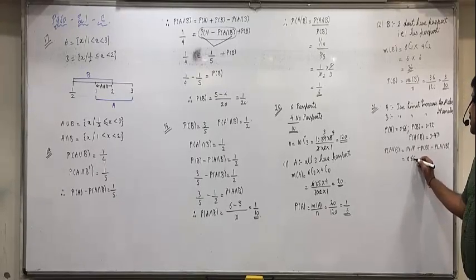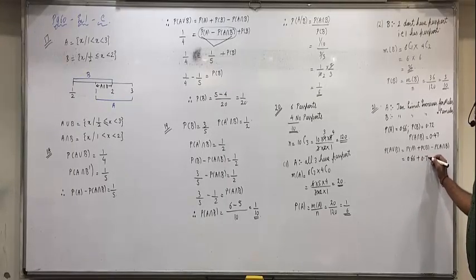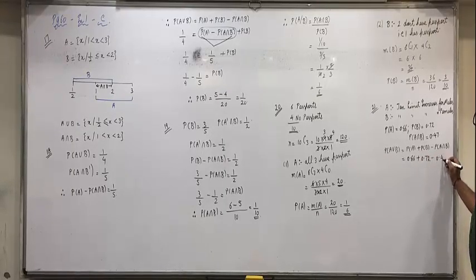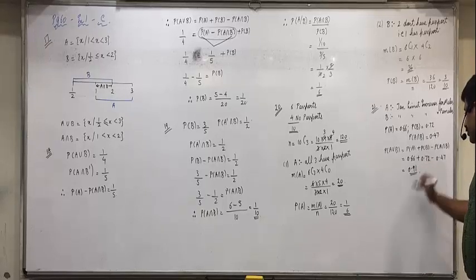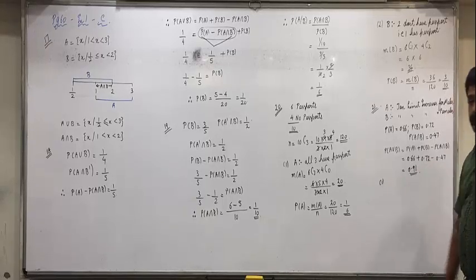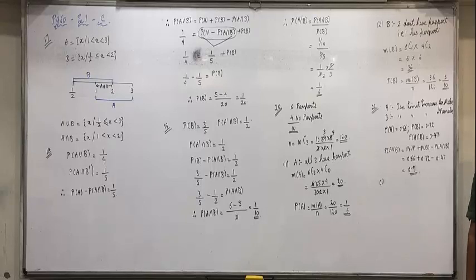P(A) 0.66 plus P(B) 0.72 minus P(A intersection B) 0.47, that is 0.91. All clear up till here? Anyone still writing up till here? Raise your hand.